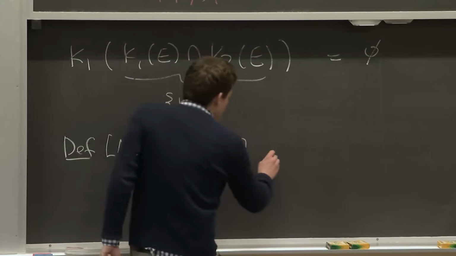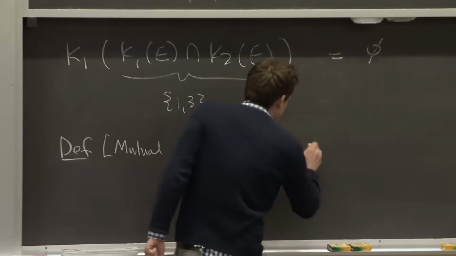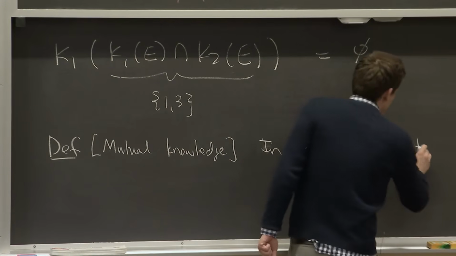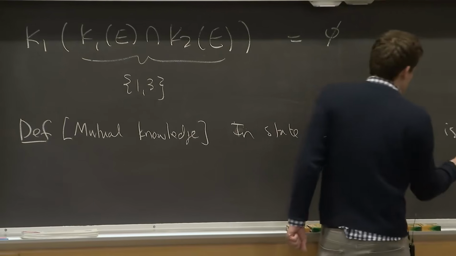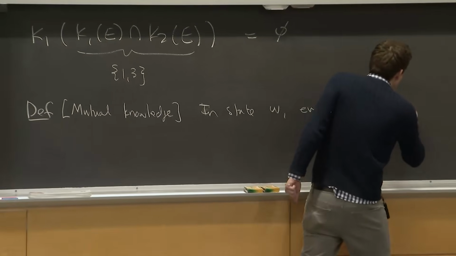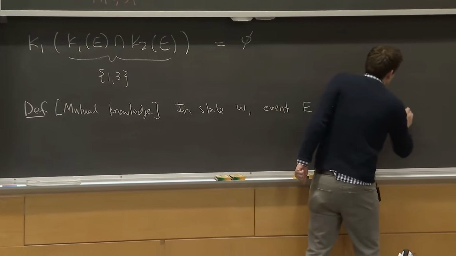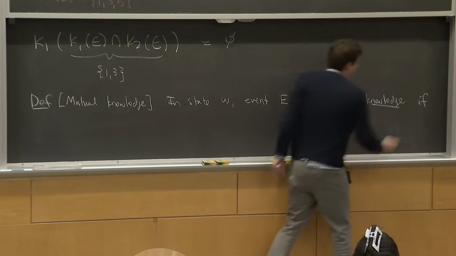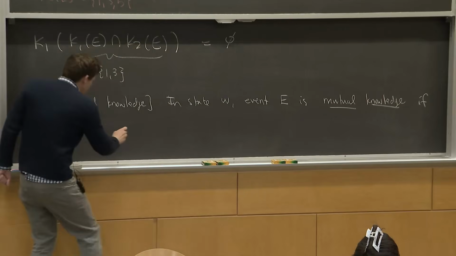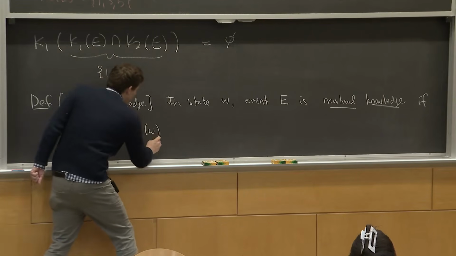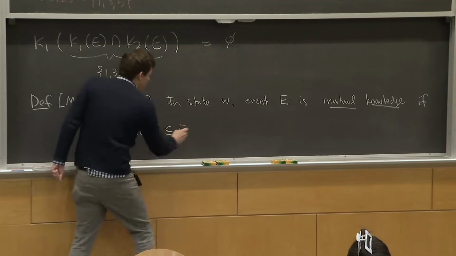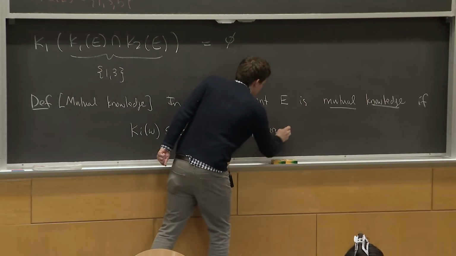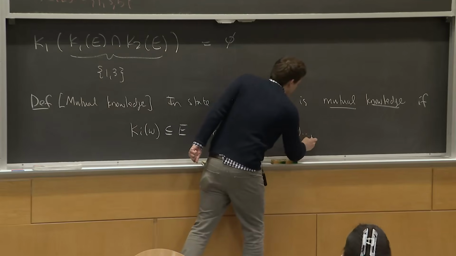So we'll say in state omega, event E is mutual knowledge if, well, Ki of omega is a subset of E for all players i that we're talking about. Maybe we'll say i equals 1 through n, because we often work with n players.